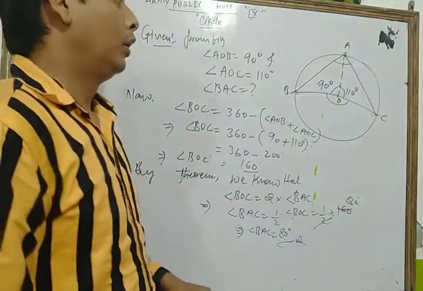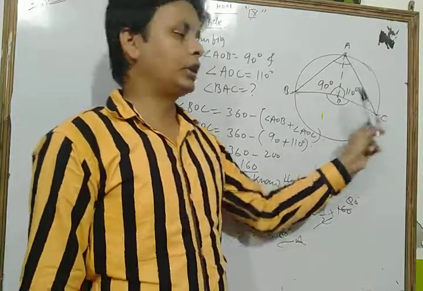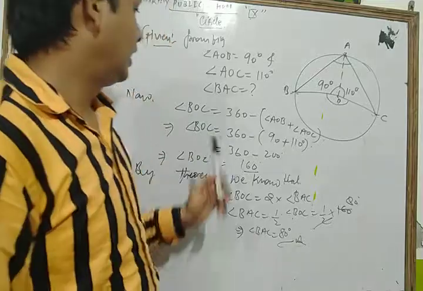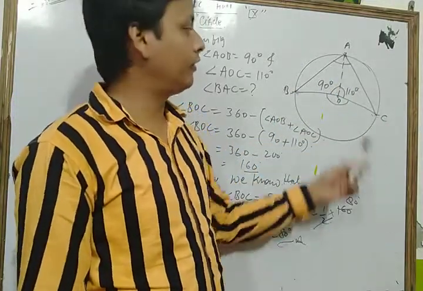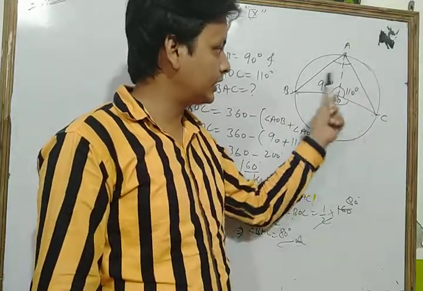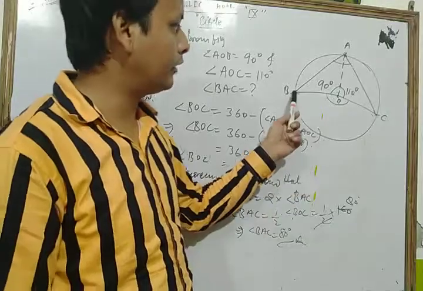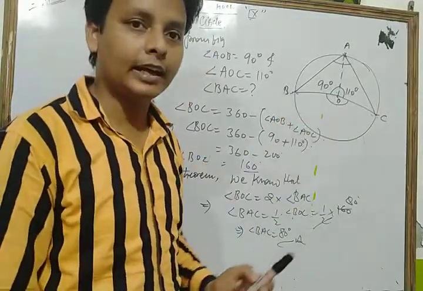Now dear students, we find the angle BOC, and then we find angle BAC in that figure. First of all, we find the angle BOC using the sum of angles all around a point. That is, we know that angle BOC is 360 minus 90 plus 110.